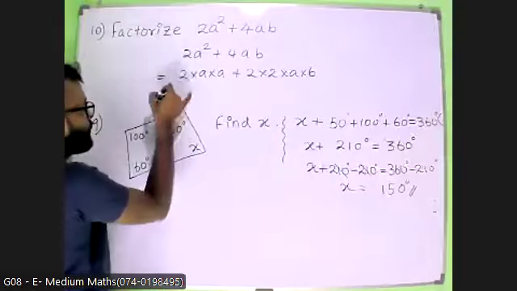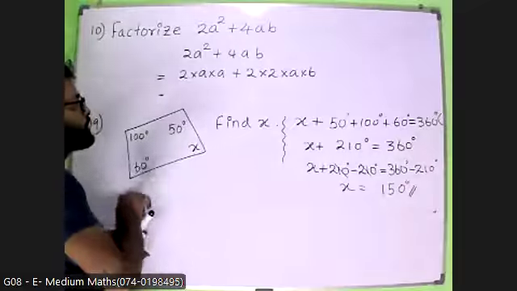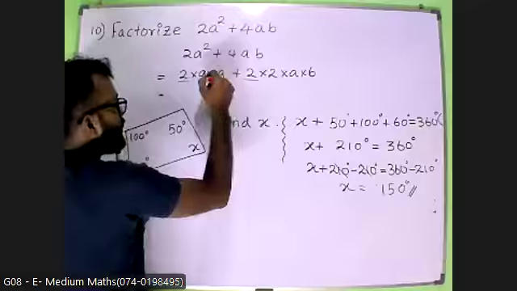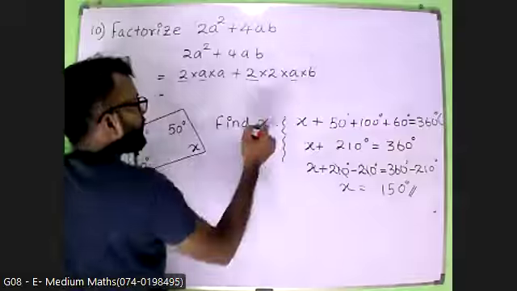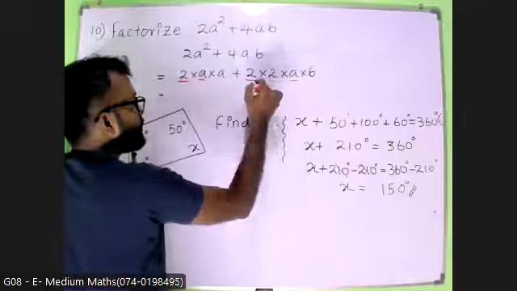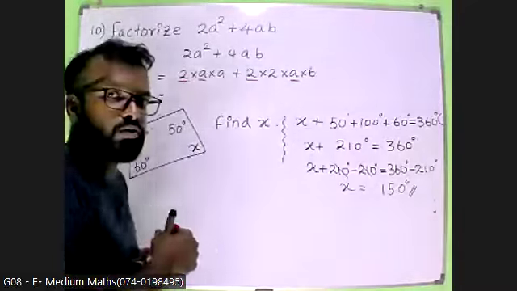Right? Done. So now for this one and this one, what are the common terms? 2 is common for both terms, and 1a is common for both. So those are the common terms.